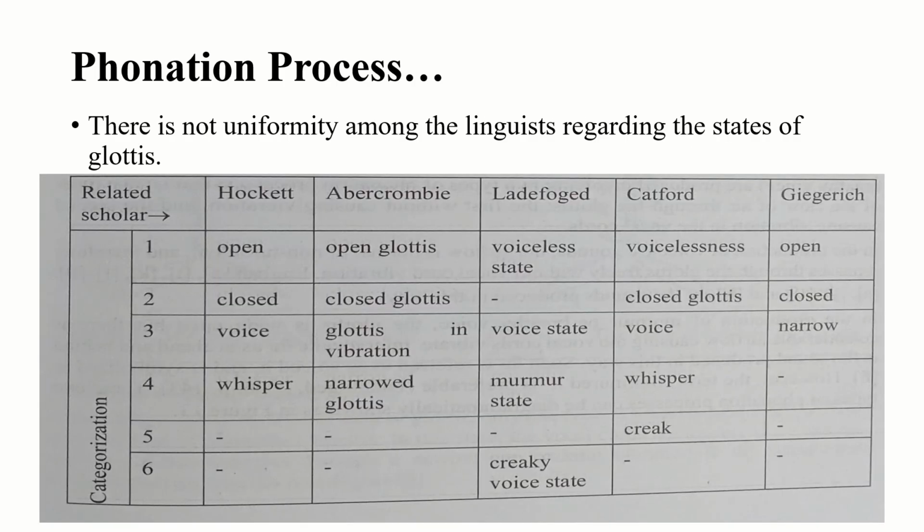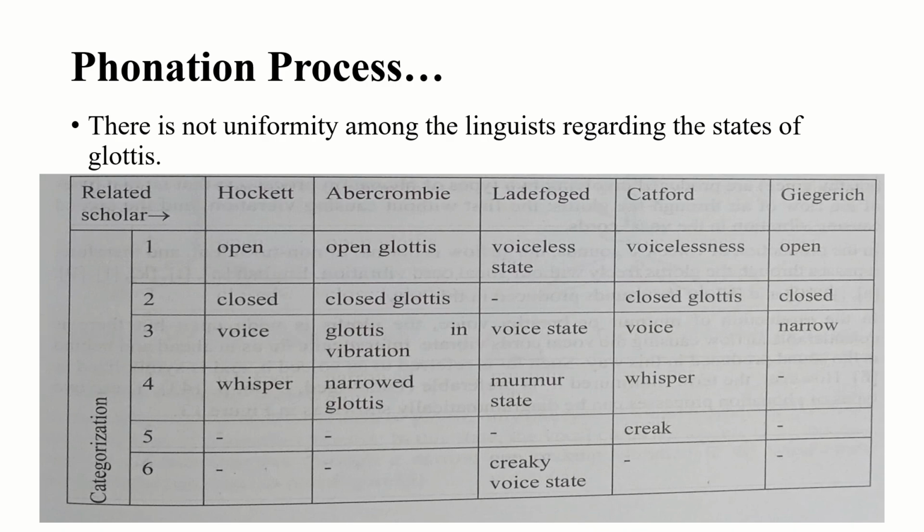If you go through the different writers, phoneticians or linguists, you cannot find uniformity among them regarding the states of the glottis. As in the table, according to Hackett, there are four states of the glottis: open, closed, voice, and whisper.